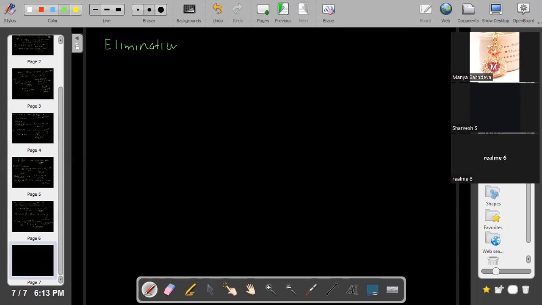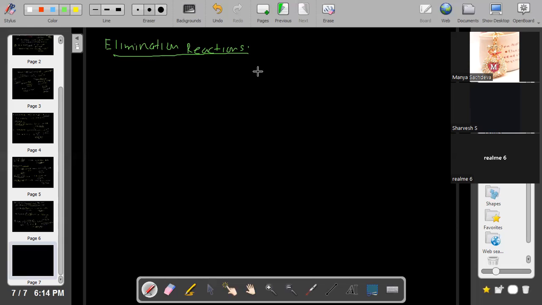What are elimination reactions? When a water molecule, HCl, any molecule moves out from the parent compound, that is called elimination reactions. Or we can simply say solvolysis reaction.